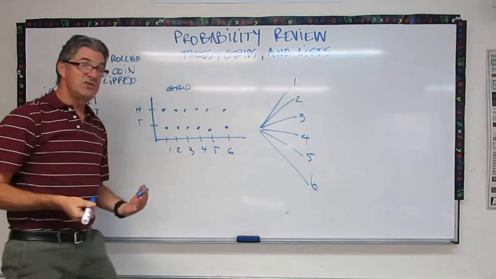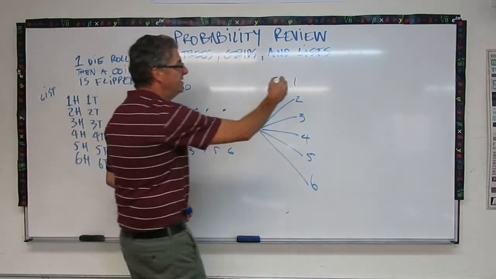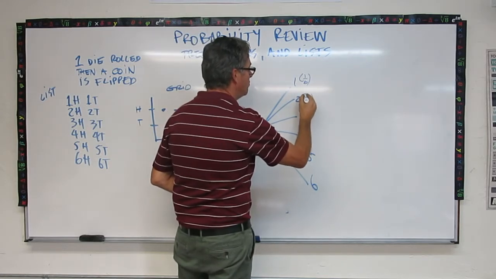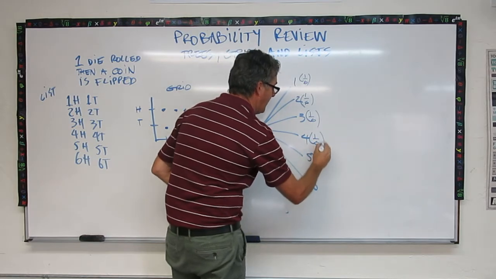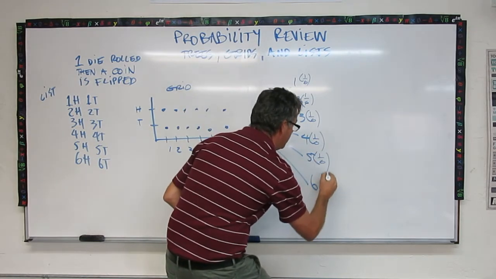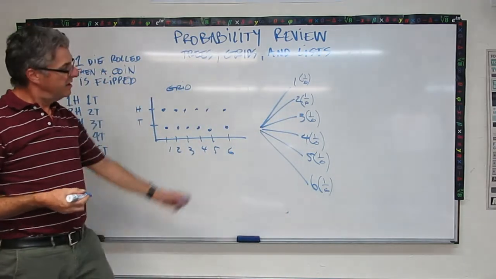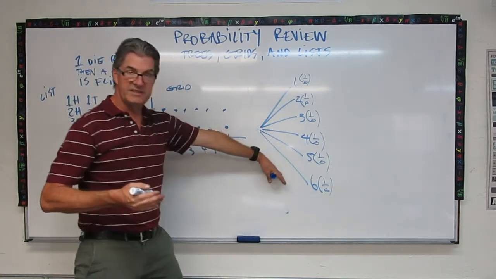And then what we like to do on our trees is we put the odds on the tree. We put the probability. So this is 1/6. In fact, everything here is 1/6. Okay? Now that's the probability for each possible branch on our tree. We roll the die, we could get 1 out of 6 outcomes.